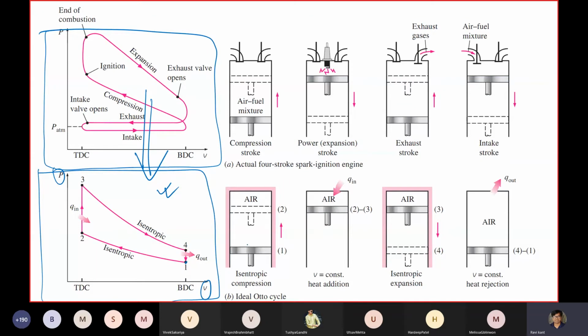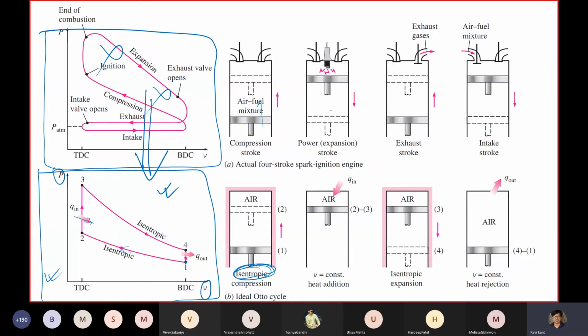Although compression is happening, we believe that this is an isentropic compression. Okay, we usually approximate it this way. This is isentropic, so that thermodynamically we have the advantage of writing some equations. इसका equation लिखने जाएंगे तो पूरा दिन रात हो जाएगा. But this is a more approximated way to look upon it. So isentropic compression, 2 पे गए.